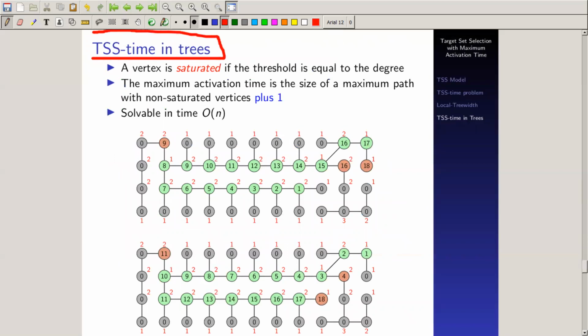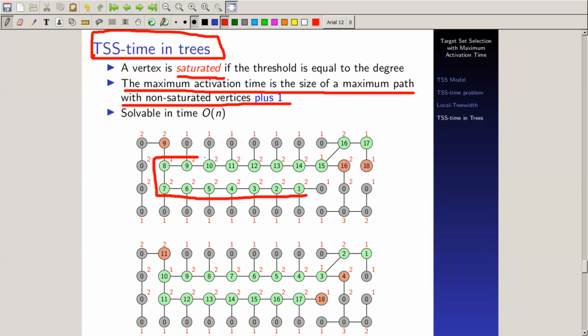Another result is polynomial time algorithms in trees. A vertex v in a tree is saturated if the threshold is equal to its degree. Here we have an example. This vertex has threshold 2 and degree 2. We prove that the maximum activation time is the size of a maximum path with non-saturated vertices plus 1. We have this path of non-saturated vertices, these green vertices.